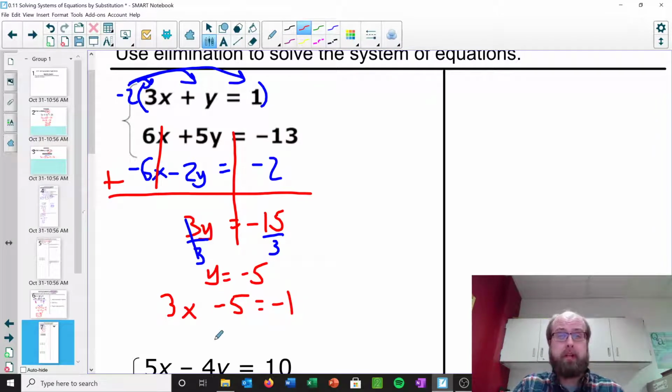You'd solve that for x, and you should end up with x equals, let's see, we'd add the 5 over here. That'd give us 4, divide by 3, and you'd actually get x equals 4/3. So this one gives you a weird answer, which makes me think I maybe made a mistake somewhere, but I'm not sure where, so it's possible. But yeah, you just plug it back in, just like normal.